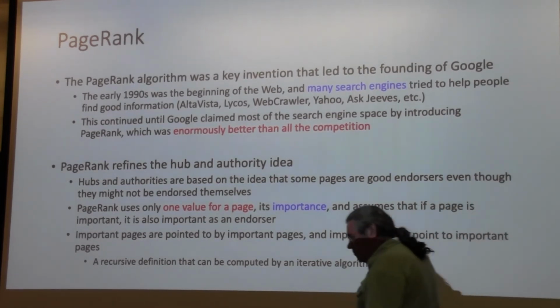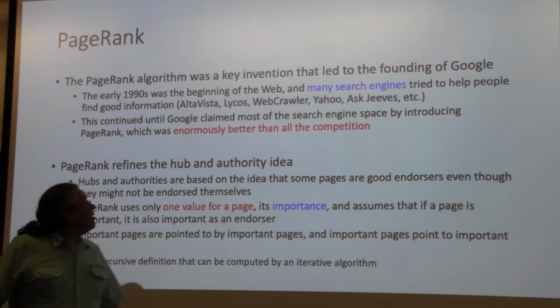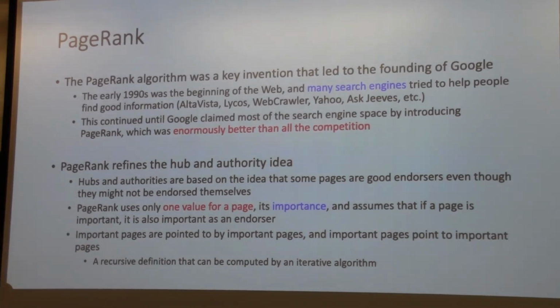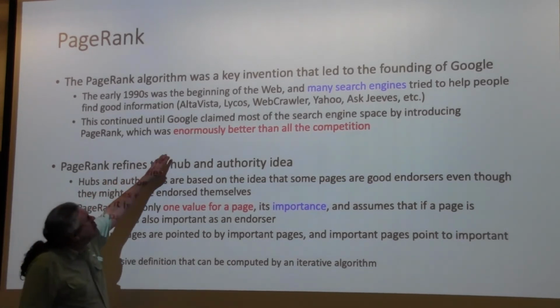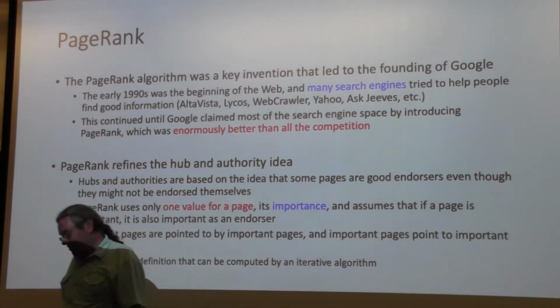Almost all of them are forgotten today. Alta Vista, Lycos, WebCrawler, Yahoo. Yahoo still exists because they're not just web page, they're also doing other things. And they changed their search engine. It was Ask Jeeves. And then Google came along and destroyed all of them, okay? Because of PageRank. Because it was immensely, much better.